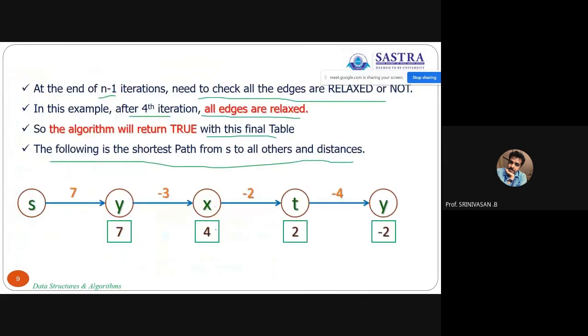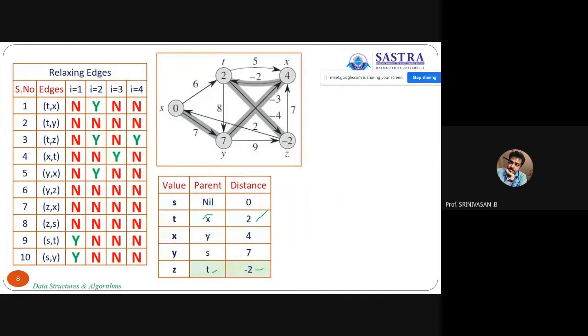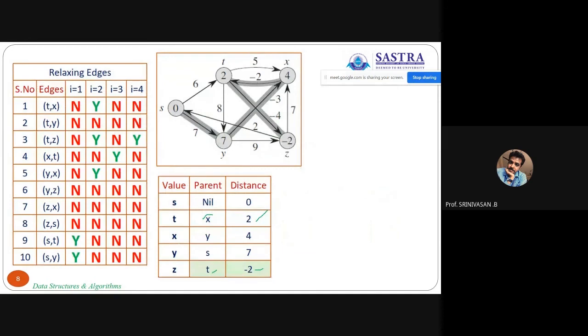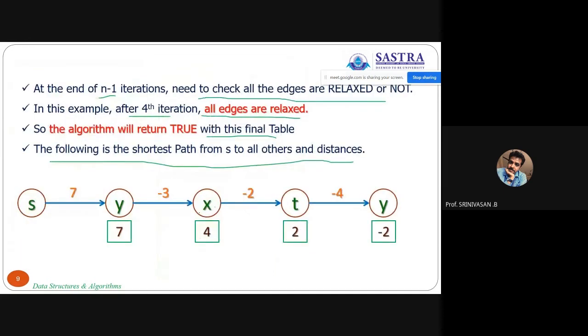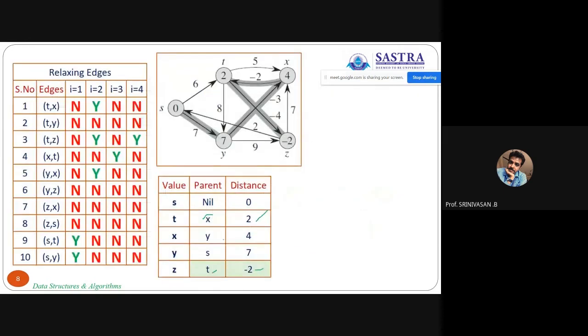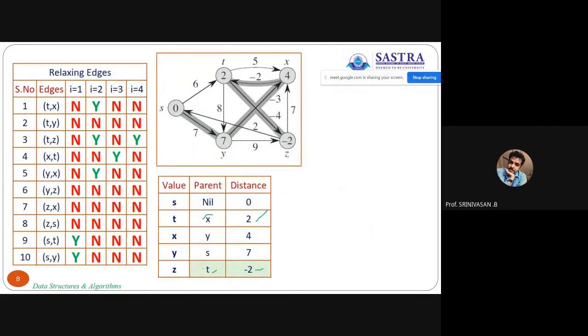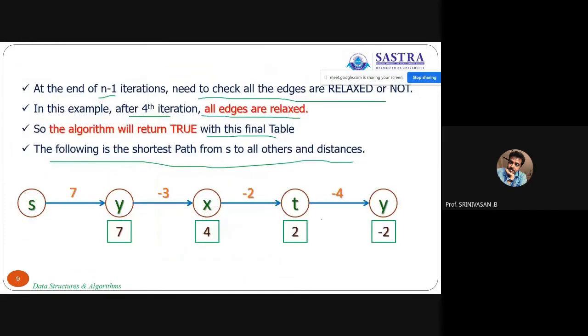Then for the x, y is the parent. So y to x. And then for the y, s is the parent. So s to y. And then for the z, t is the parent.